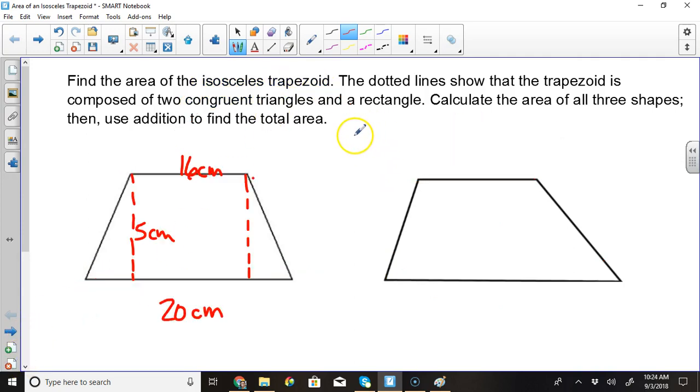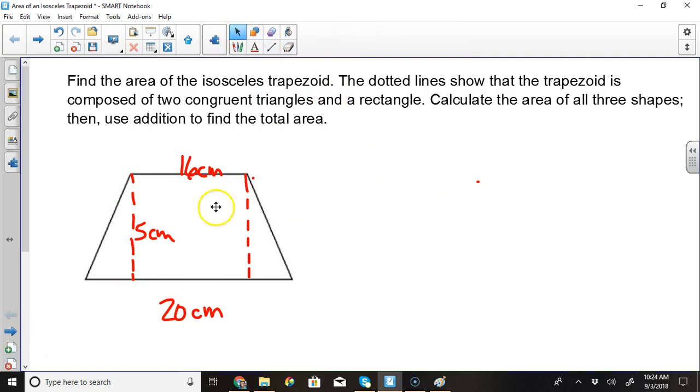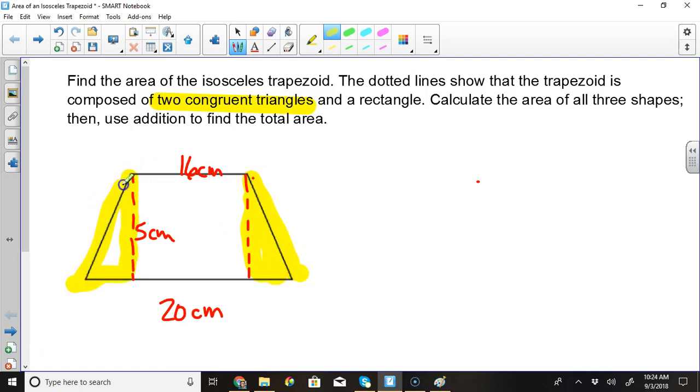Alright, so I've added some numbers into this isosceles trapezoid here, and since this one was not an isosceles trapezoid, we're just going to delete it and give ourselves some room to work. Alright, so continuing with the problem, we see that this isosceles trapezoid is composed of two congruent triangles. That means that this triangle here is the exact same size as this triangle here.